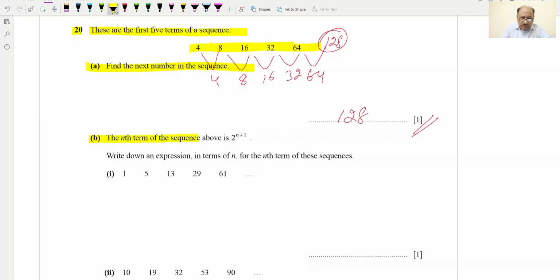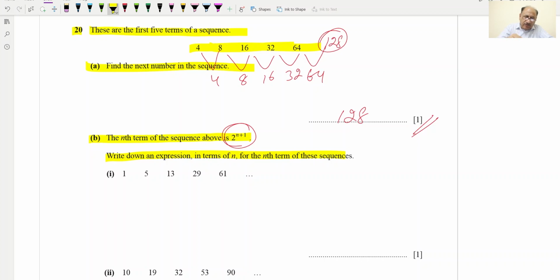Now they are saying the nth term of the sequence above is, they have provided the nth term of the sequence for us. Now write down the expression in terms of n for the nth term of this sequence. So nth term will be what?